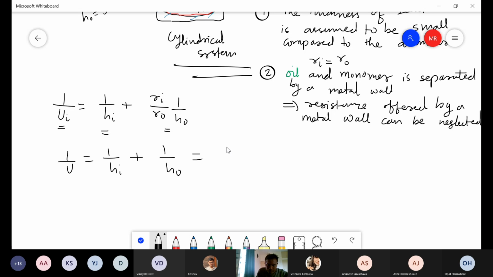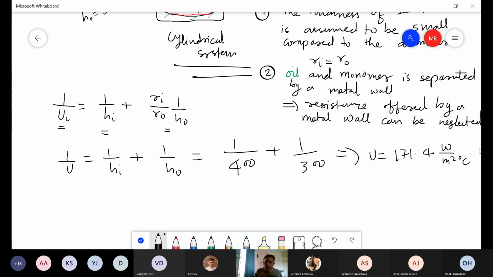Putting the values here, 1 by 400 plus 1 by 300, U comes out to be 171.4 watt per meter square degree Celsius. Okay, are you all getting the same? Isn't it? Is it correct? Yes, sir, it is correct.